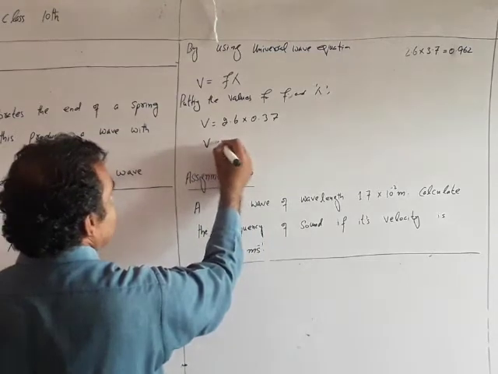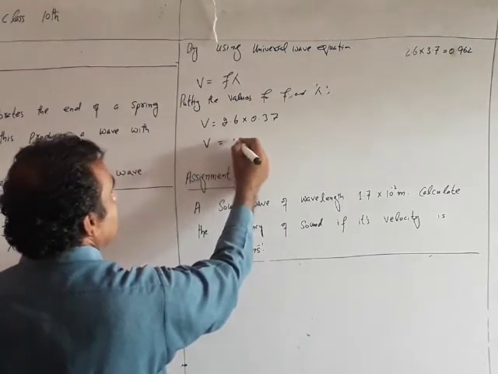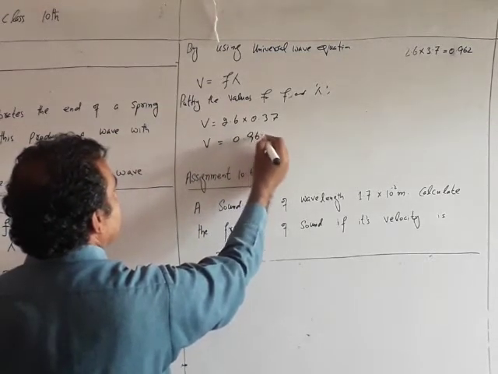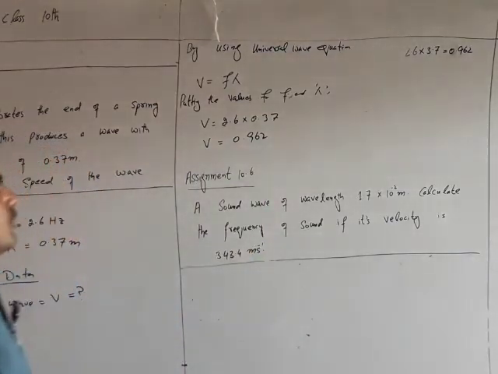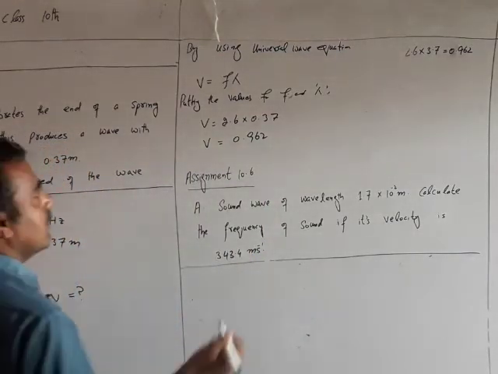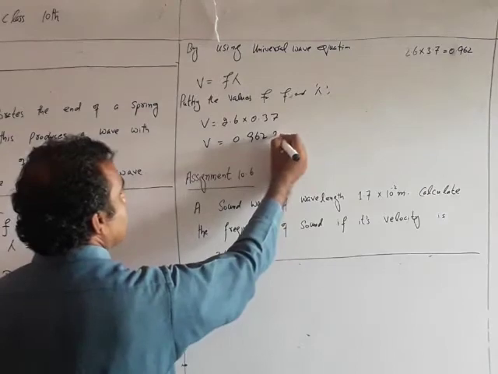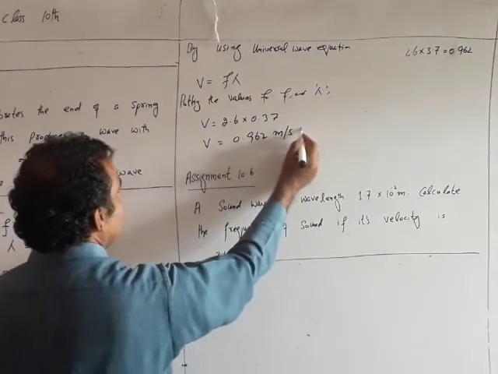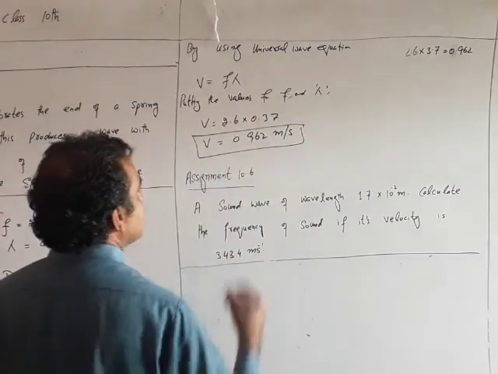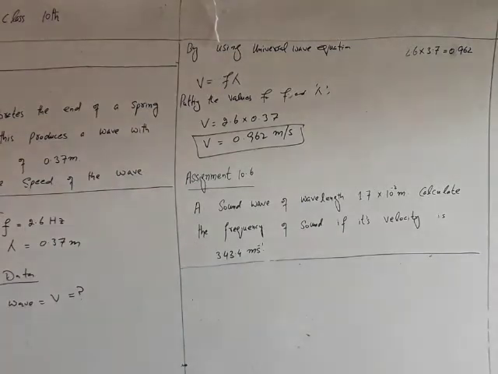Multiplying these values we get the answer as 0.962. As it is the wave speed, I will put the unit for speed as meter per second. So this is our required solution for example 10.6.